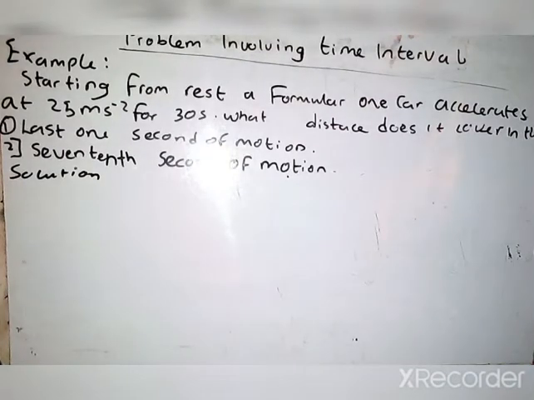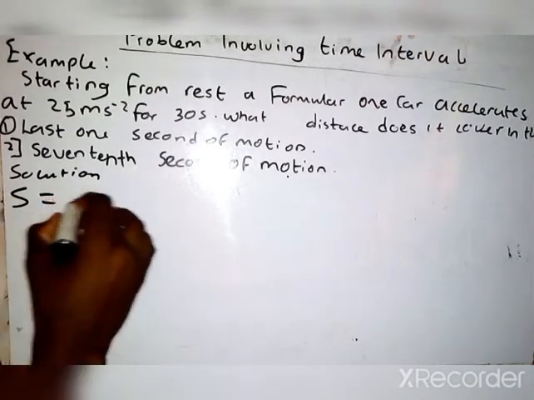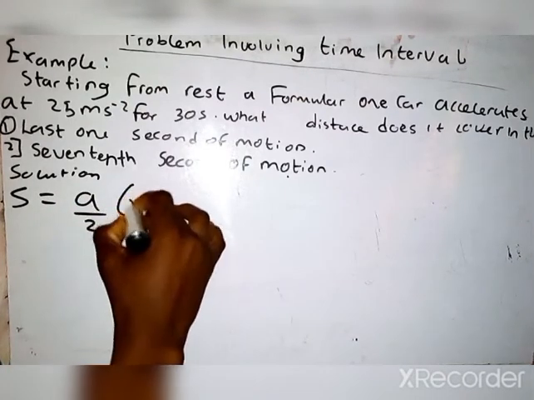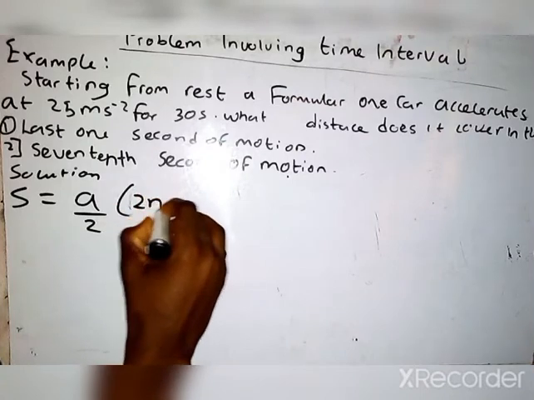So the formula is s equals a over 2 into bracket 2n minus 1.